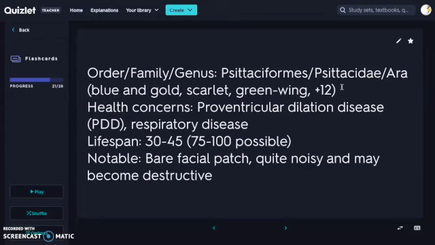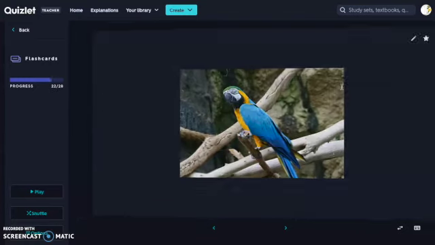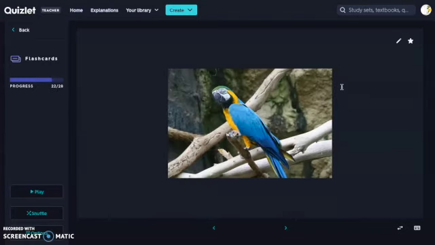So we talk about animals that you need to will to somebody else, right? These are lifelong commitments, especially because these birds are like 2-year-olds. They do have bare facial patches. They're very noisy and may be very destructive, not just destructive with their own feathers, but destructive with their toys. Macaws are able to snap your finger in half.